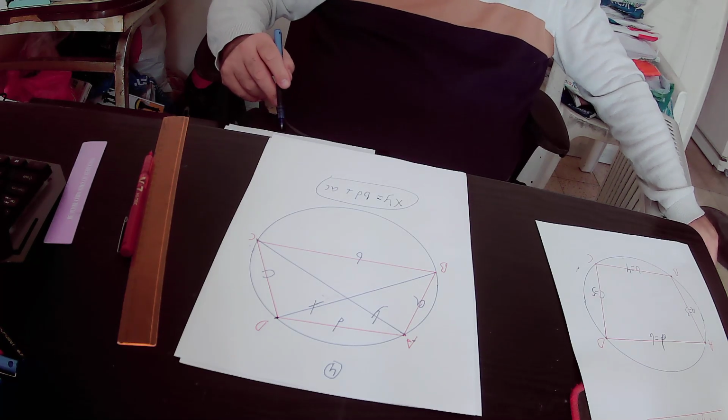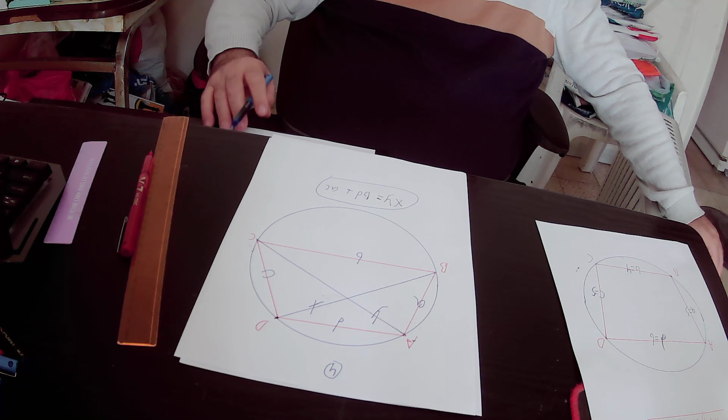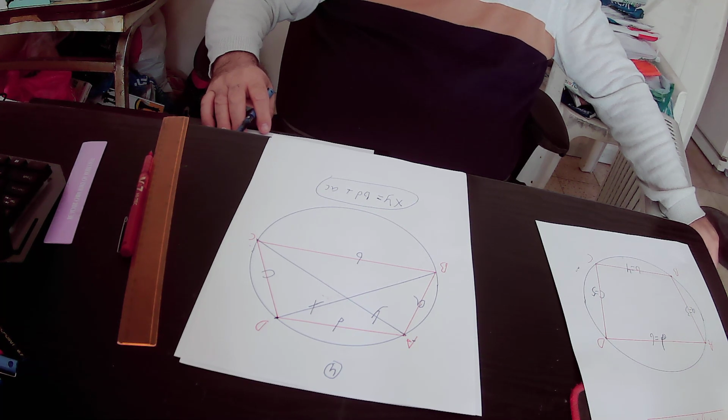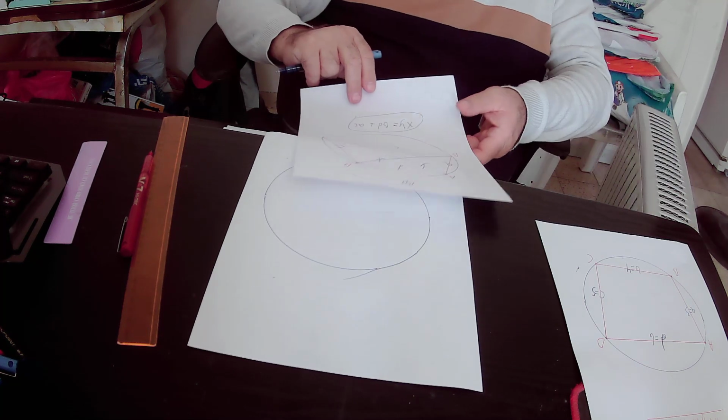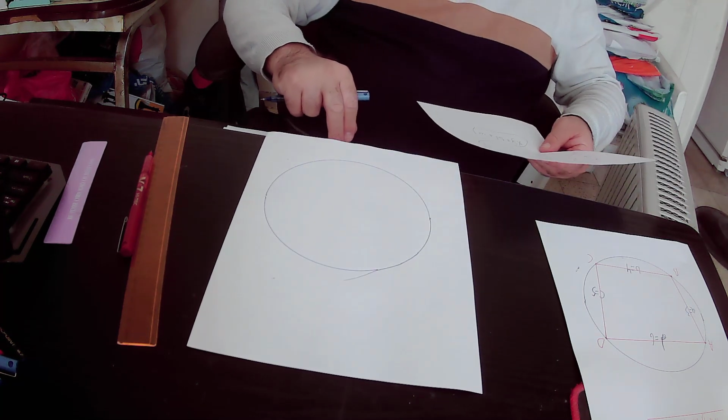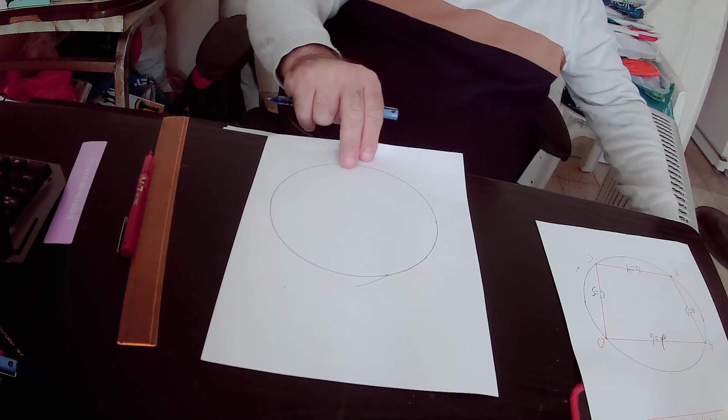Okay, so xy equals BD plus AC. So that is rule number 2, and we also have rule number 3.